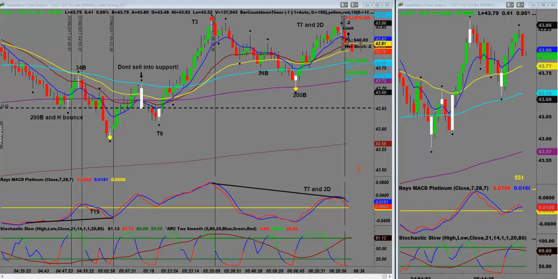Okay, so I'm short 2 contracts here, and first target is 5 ticks on CL and 8 ticks on the second contract. Now because it is a counter trend trade, if I see it bounce and start to turn, I will exit or pull my second contract out early. We'll see how we go.